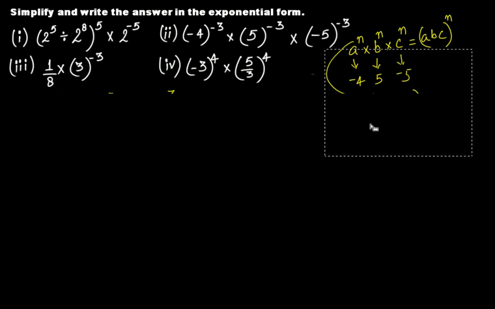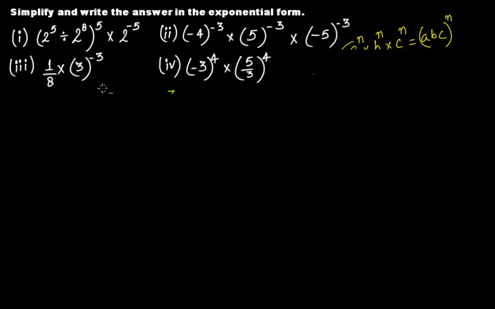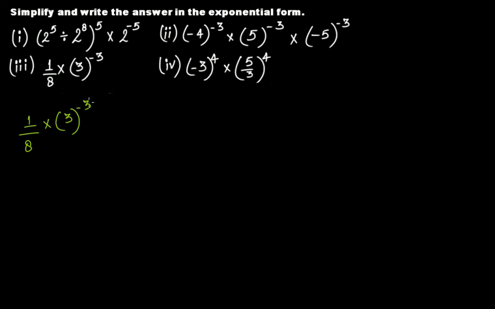And the third one says that it is 1 by 8 multiplied by 3 raised to the power of minus 3. Okay, now this 1 by 8 is actually what? 1 by 2 raised to the power of 3. Why?